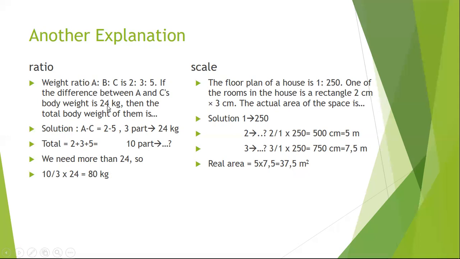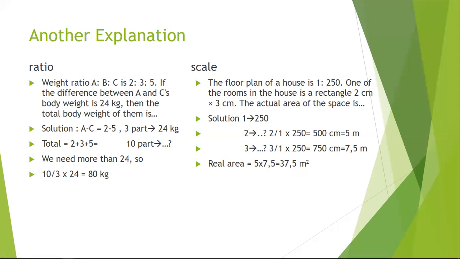So from the difference, C minus A, so from 2 to 5, that is only 3 parts. 3 parts is 24 kg. Total 10 parts equal to how many kg?